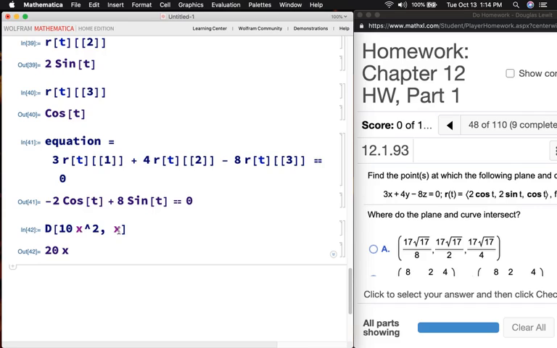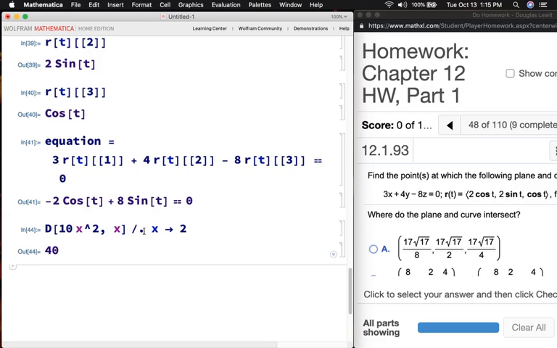I would expect the answer to be 20 times 2, which is 40, right? But that doesn't work because 2 is not a symbolic value. So what I would have to do is something like this, where x is equal to 2. What is the derivative of 10x squared with respect to x? And then replace x with 2. So 20 times x and then 20 times 2 is 40.